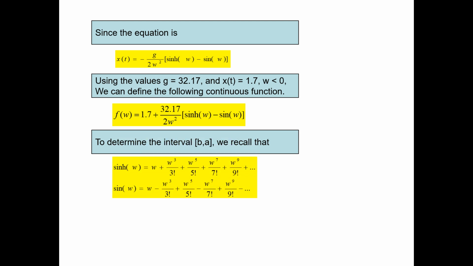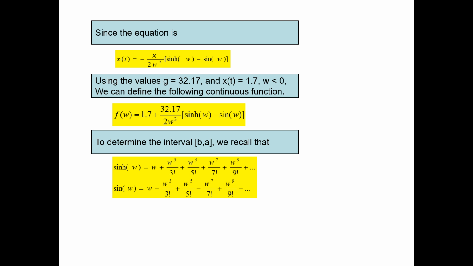To find the upper and lower bounds of the interval, we will recall the Maclaurin expansion, or Maclaurin series, of sinh w and sin w, as shown here. These are the quantities inside the bracket of the function f of w.